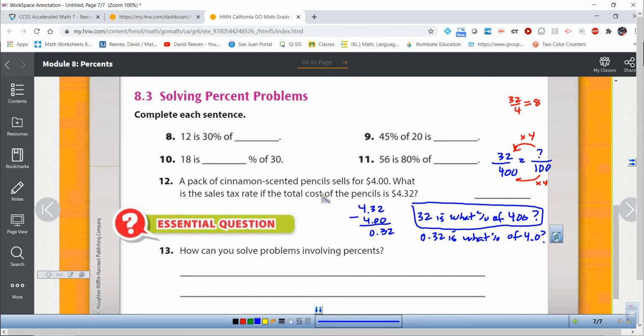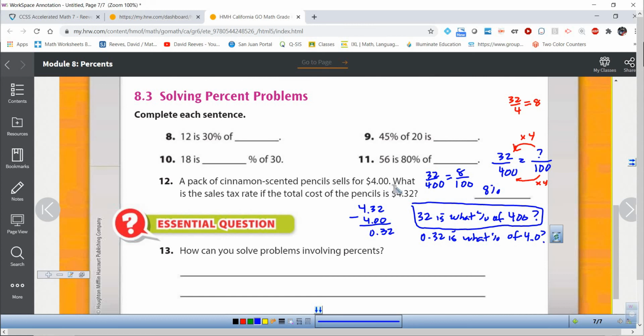So what am I saying? I'm saying the sales tax was 8%. I'm saying 32 cents out of 400 cents is equivalent to 8 cents out of 100 cents, right? Or 8 cents for every dollar would make 32 cents for $4. That makes sense, right? Some of you are going, well, why didn't you just divide by 4?